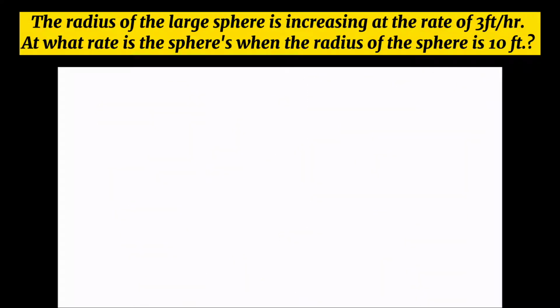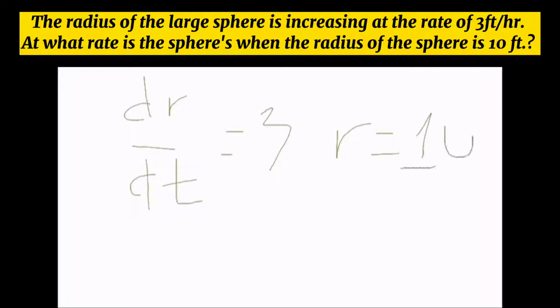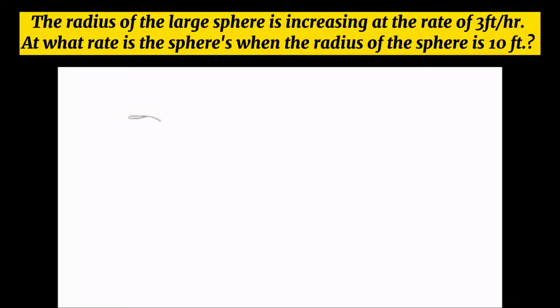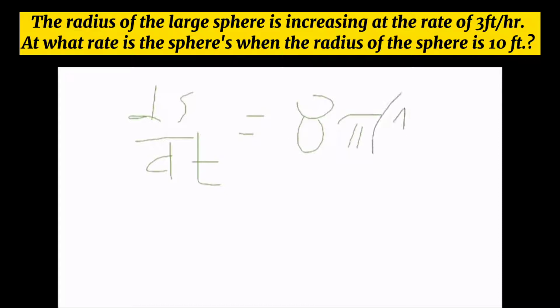Now let dr over dt equal 3 and r equal 10. ds over dt is equal to 8 pi times 10 times 3.